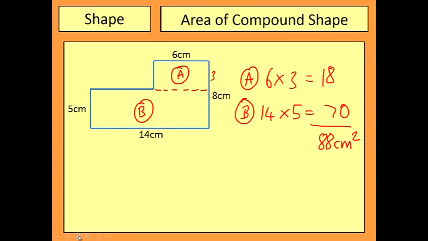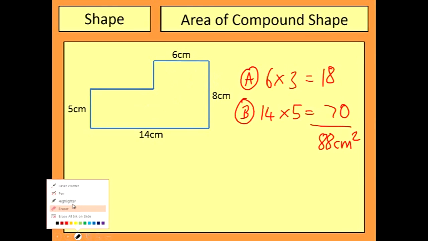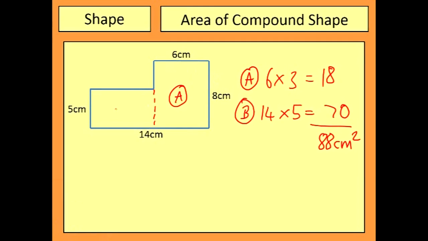Now I'm also going to repeat the question, but using the other split just in case that's what you did. So if we get rid of that text and then split it this way too, so I'll do shape A here and shape B here. Now we should end up with the same answer, of course, as I said earlier. So we've got 6 by 8 for this one. 6 times 8 equals 48.